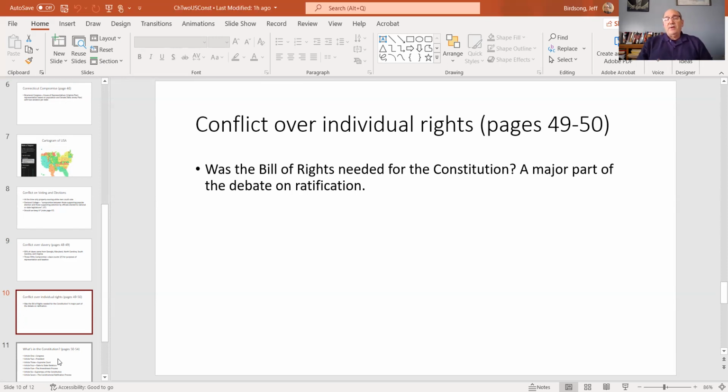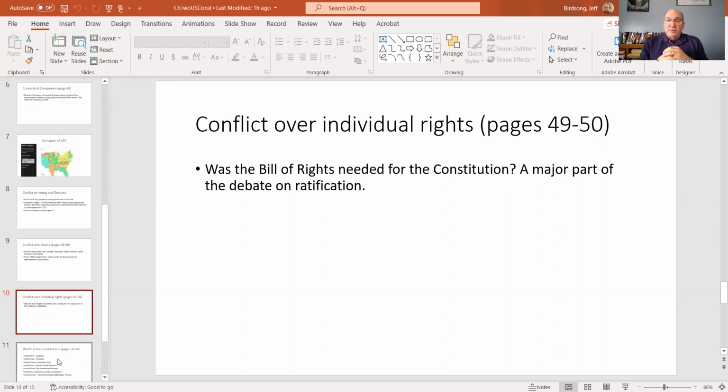You can also say, if you've supported this as a natural right, there is no need to have individual rights mentioned because the natural rights are assumed and understood to be rights that don't come from the government, and the government can't interfere with those rights.